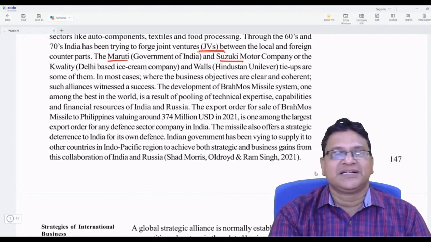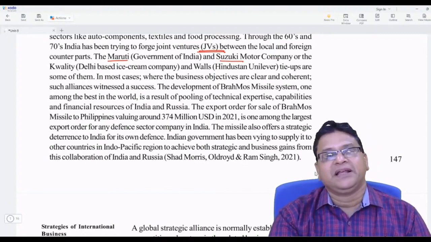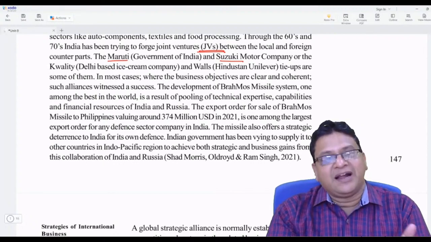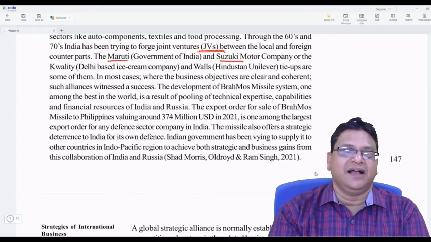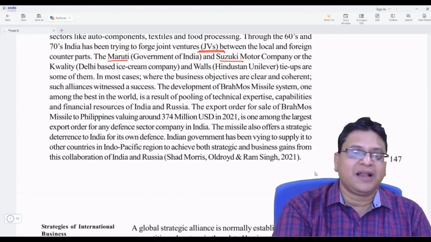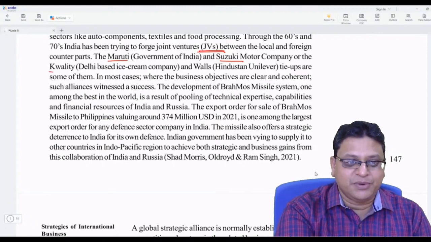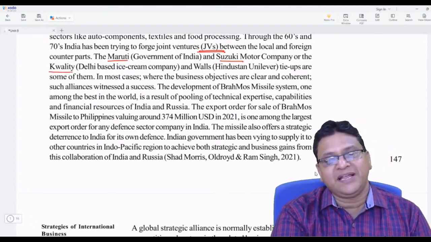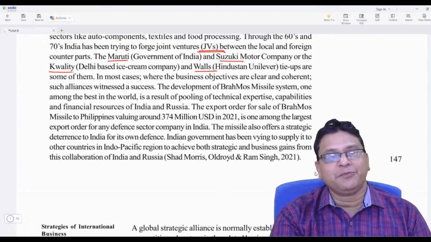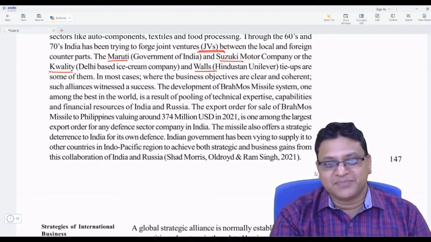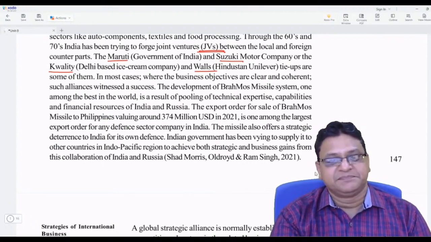Suzuki Motors is a foreign company. And they come together and frame a global alliance to produce value-driven cars in India. Similarly, you have an alliance between Quality and Walls. Two ice cream companies come together and frame the ice cream for Quality.